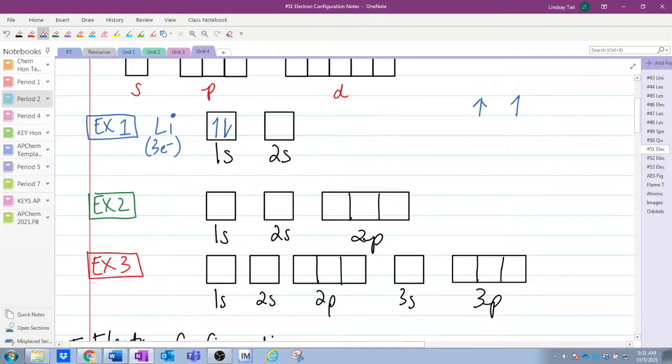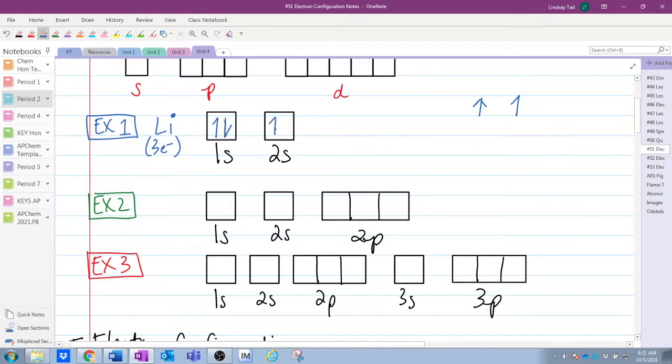So again, Aufbau said I had to start at 1s. Aufbau says I have to fill the 1s before I can go to 2s. Pauli says they have to have opposite spin when they're in the same orbital. Okay, everybody with me so far? So that's 2 arrows down, 1 to go. Now that the 1s sublevel is filled, I'm free to move on to the 2s, the higher energy sublevel.